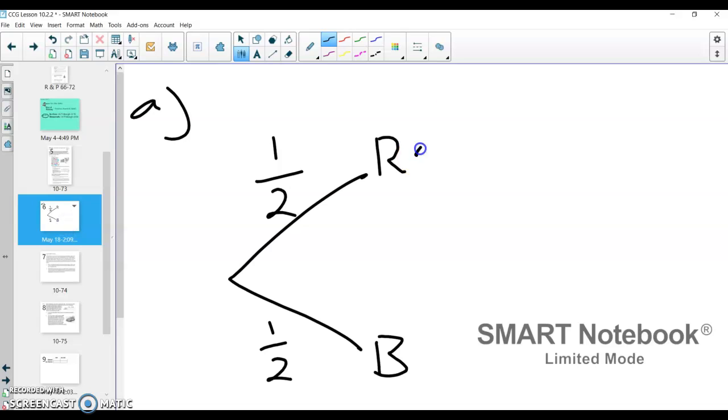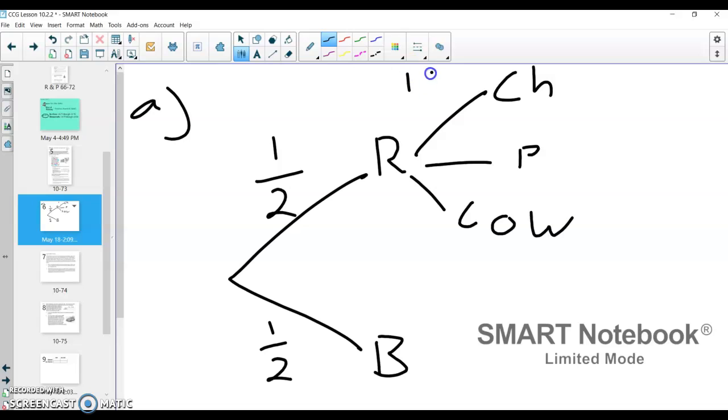Say you got a red, now it branches into chicken, pig, and cow. And 10 out of those 30 times you get a chicken. We could probably reduce that down to 1/3. I actually am going to reduce that down right away to 1/3. 10 over 30 is the same thing as 1/3. You have a 10 in 30 chance, or 1/3 chance for a pig, and you have a 1/3 chance for a cow.